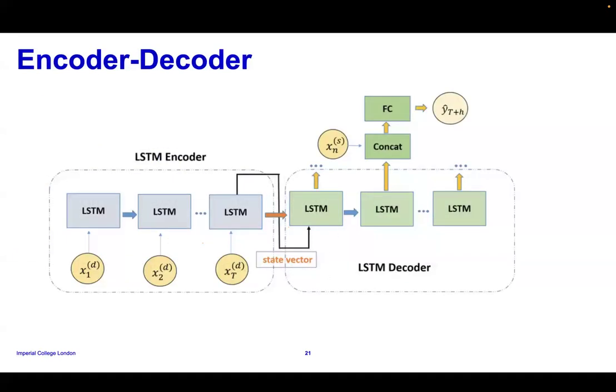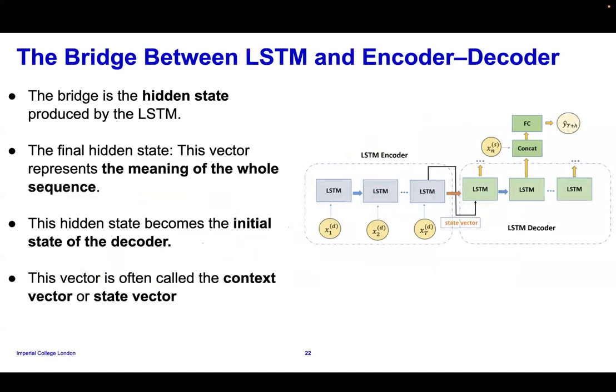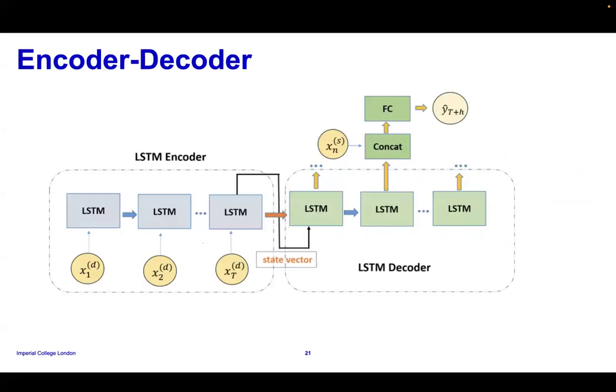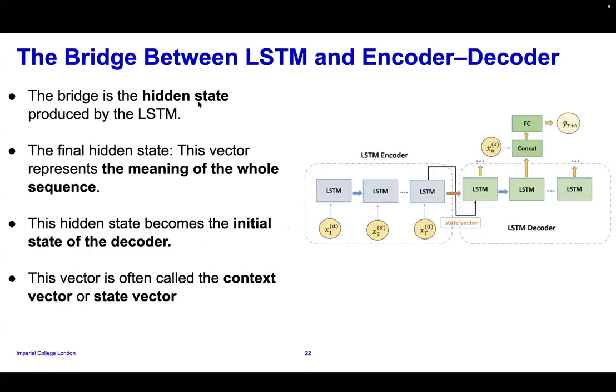And now the LSTM decoder works from this. This context vector, the state vector, is sometimes called the hidden state. This final state vector represents the meaning of the whole sequence.